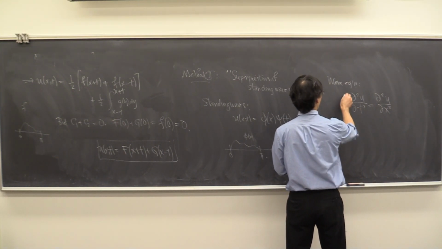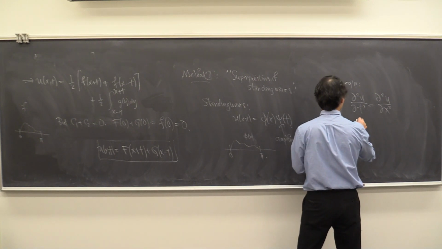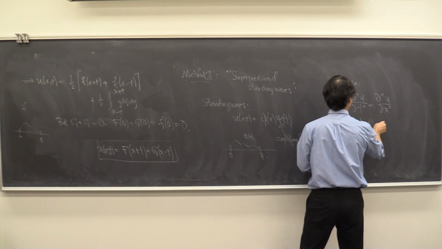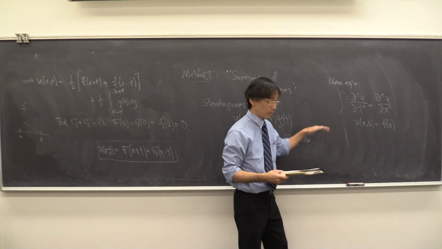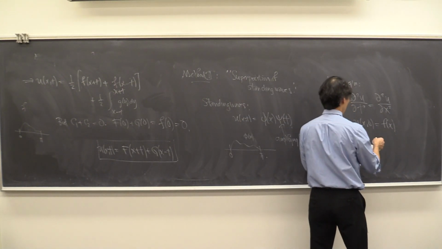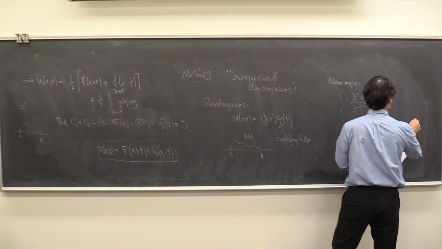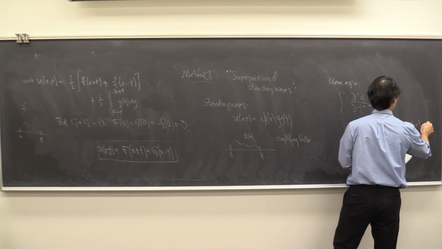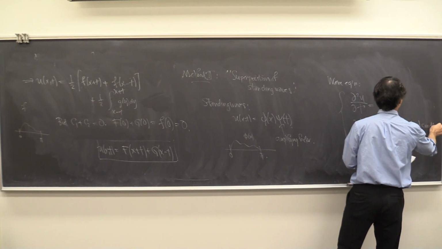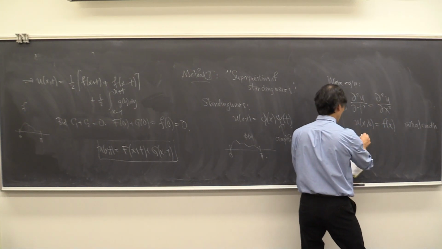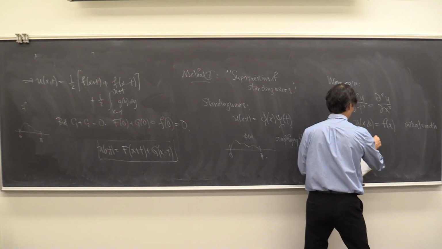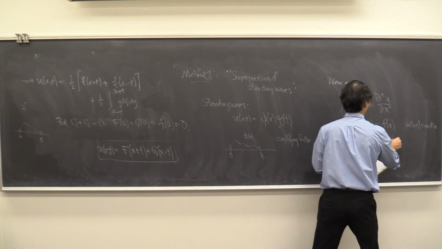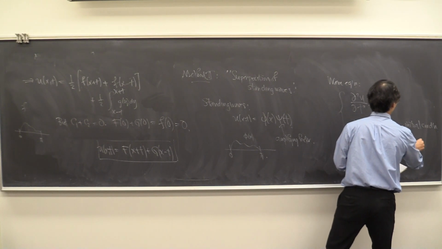We'll have the initial condition, u of x, 0 is specified, so there's some initial position condition, and then there's the initial velocity condition.